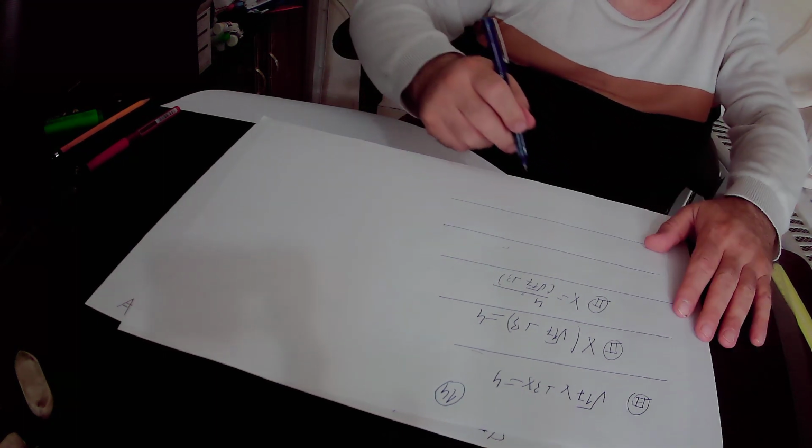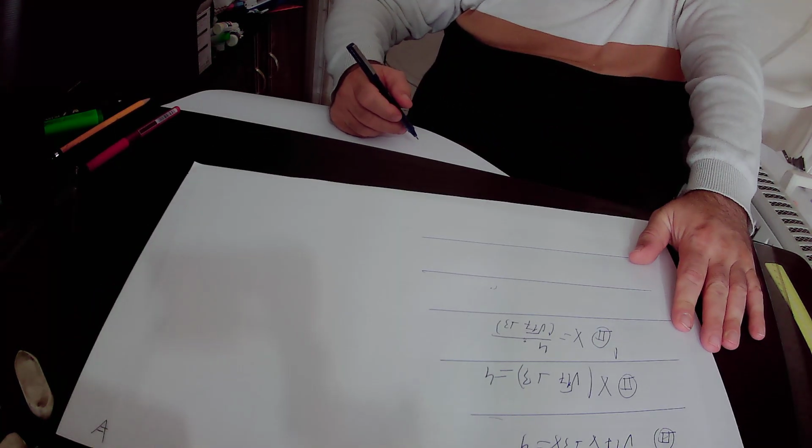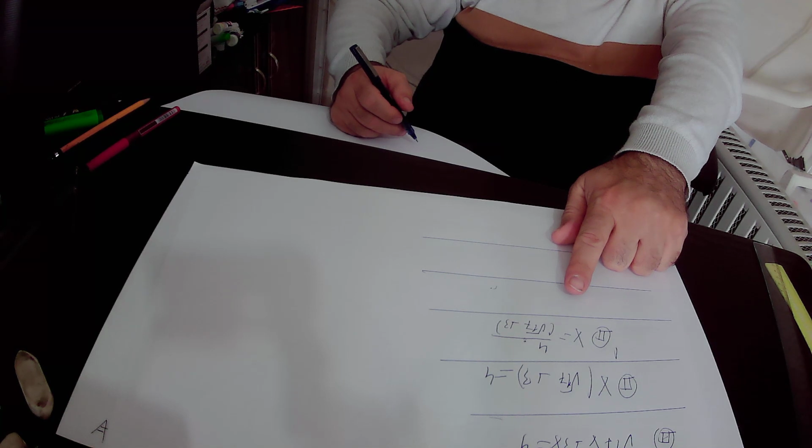So we found out that x equals to 4 over square root of 17 plus 3.